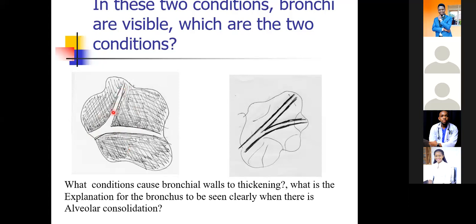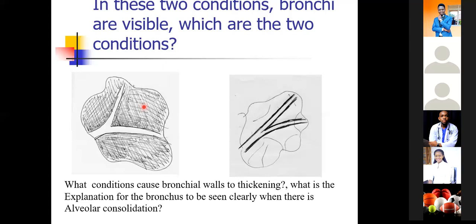So if, let's say, there is fluid accumulating in the alveolar spaces, we said from our introductory remarks that the radiographic density of fluid is what? It is gray, isn't it?